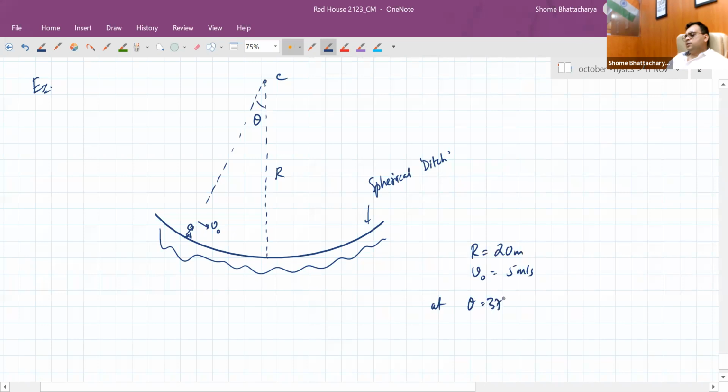Once again at theta equal to 37 degrees, you want to find the normal contact force on him and the net friction acting on his shoes.